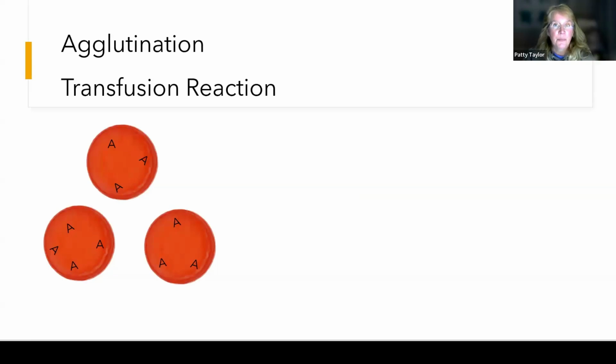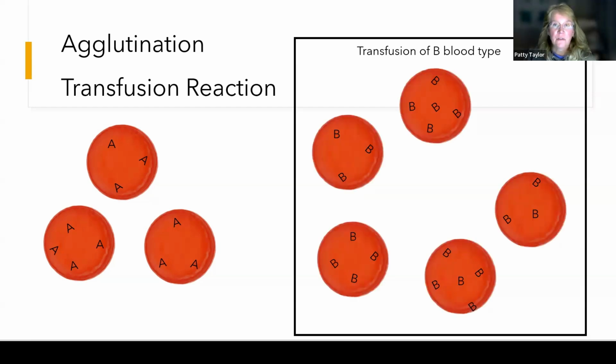Let's do an example of a transfusion reaction. So let's say that my blood type is A. I'm going to receive a transfusion of blood type B. So you'll notice I've just used the letter A for my antigens and letter B for my foreign transfusion. So right now, these anti-B antibodies will bind those foreign antigens.